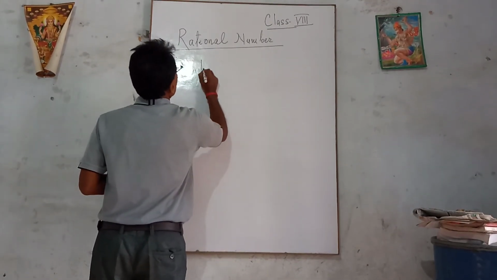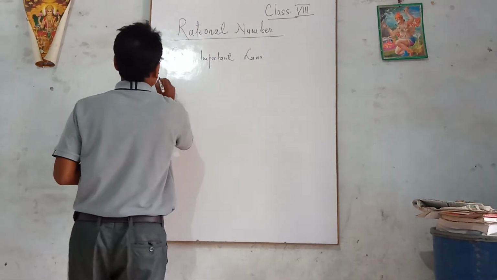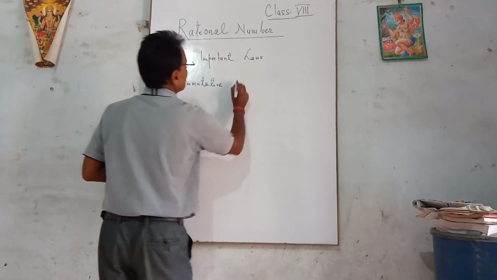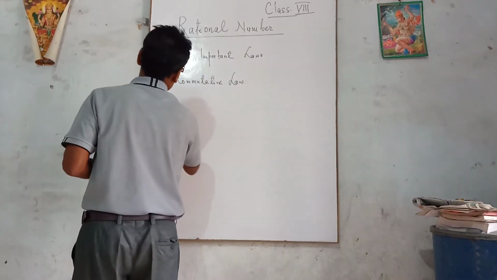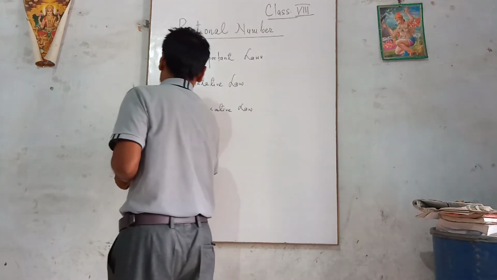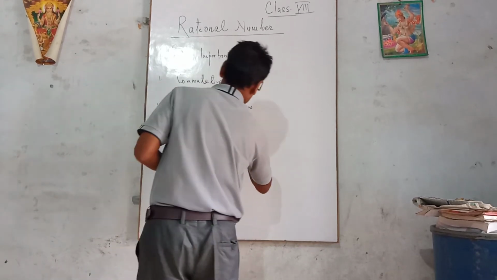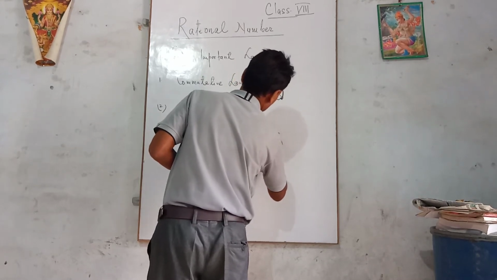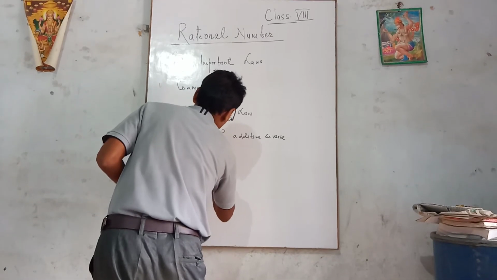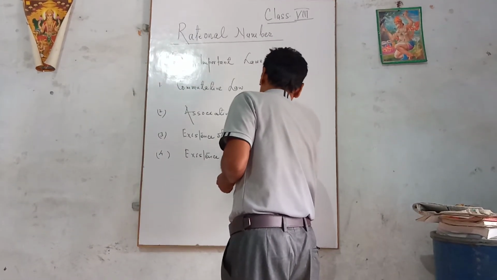Some important laws: first is commutative law, second is associative law, third is existence of additive inverse, and fourth is existence of additive identity.